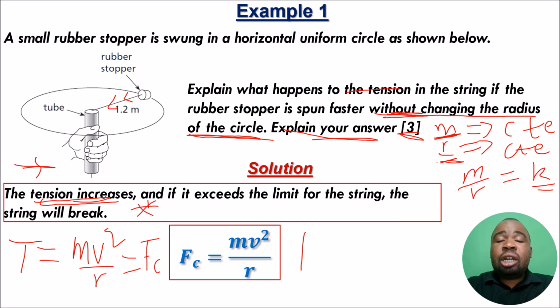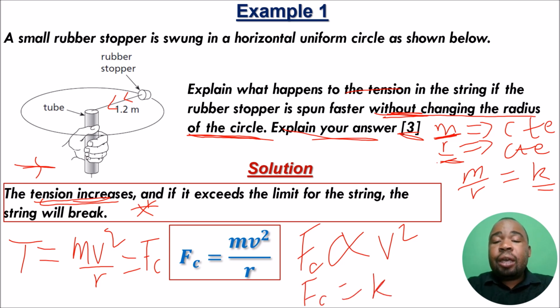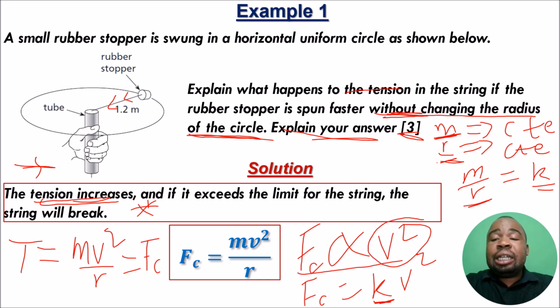Therefore, this equation can be reduced to Fc is directly proportional to v squared, where we can safely say Fc equals k v squared, where our constant of proportionality is mass over radius. Now, with this relationship, we can say the centripetal force is directly proportional to the square of the velocity.